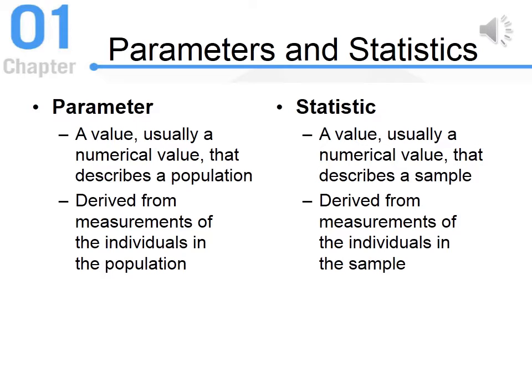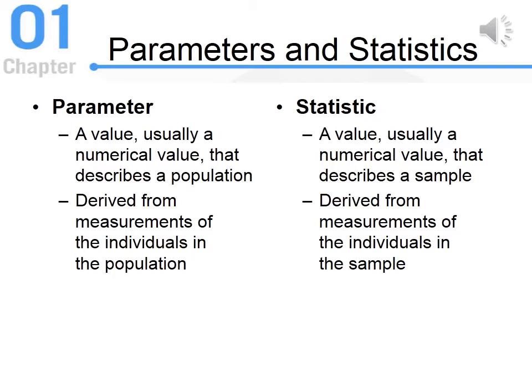Next, we've got to talk about parameters and statistics, which are essentially the same thing at a different level of measurement. Either one is a value, typically a numerical value, that describes the group that you're studying. So a population is described by a parameter. A sample, on the other hand, is described by a statistic.